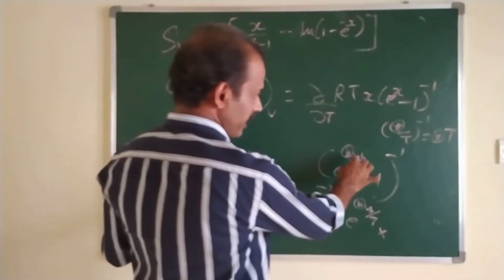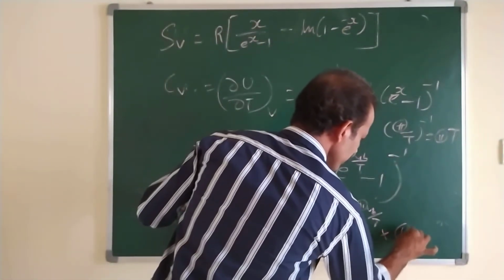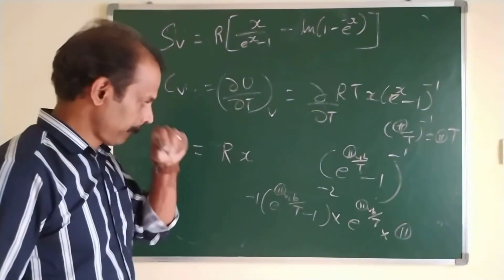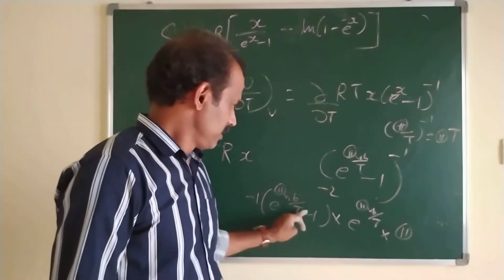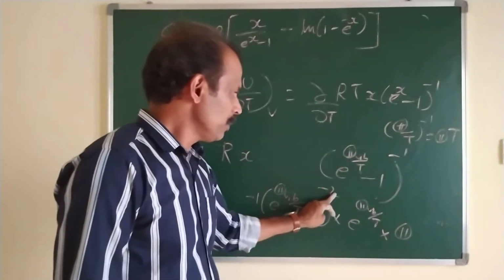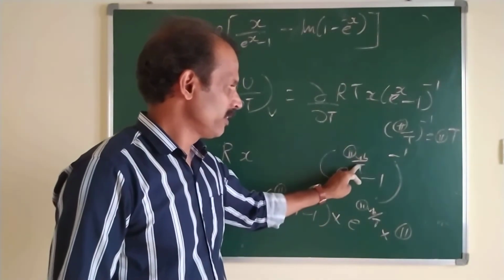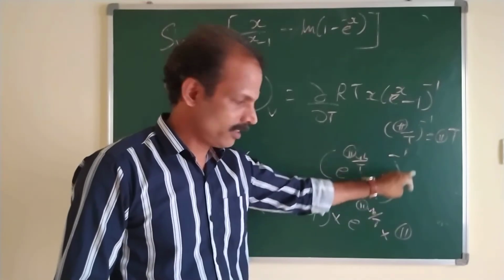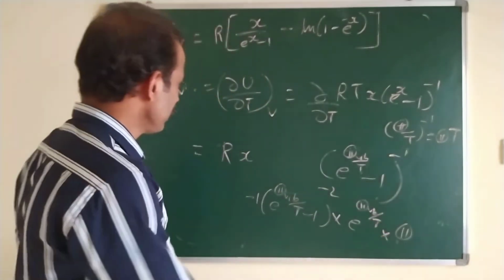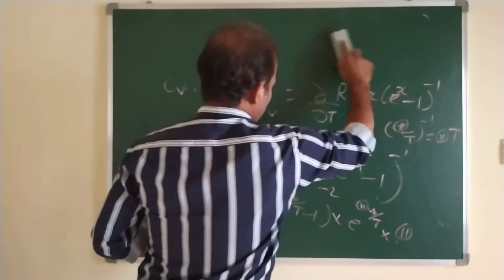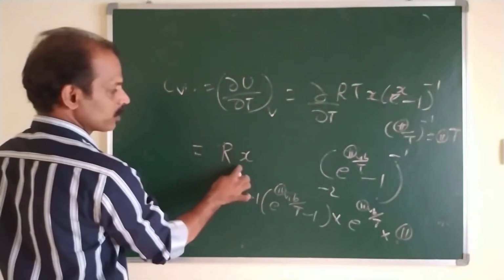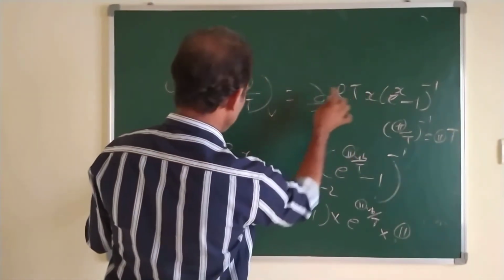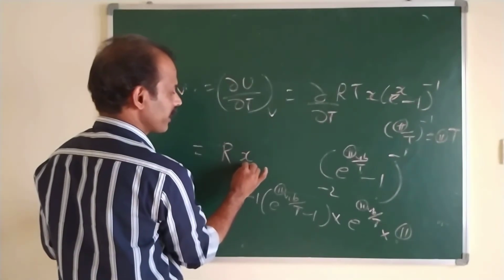So the next term becomes simply theta. This term raised to minus 2 into this term and the differential of theta vibration by T, whole raised to minus 1, so it becomes theta. Here also there is a differential of RT into x, dou by dou T of x.